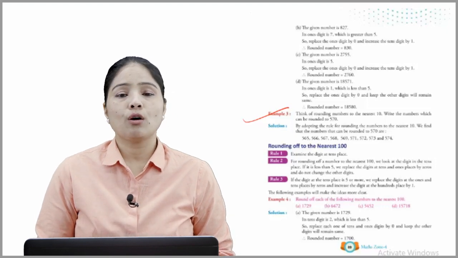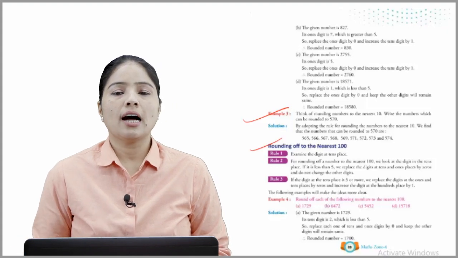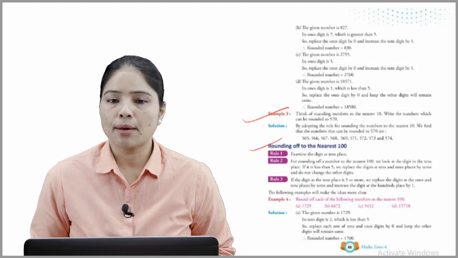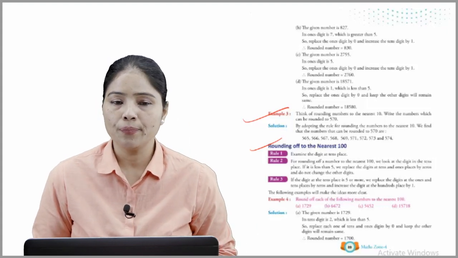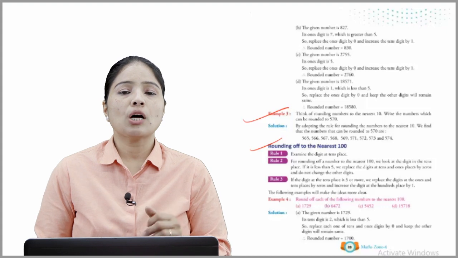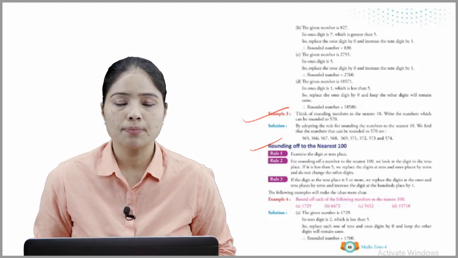Now rounding off to the nearest 100. Rule number 1 is examine the digit at tens place. Rule number 2. For rounding a number to the nearest 100, we look at the digit in the tens place.